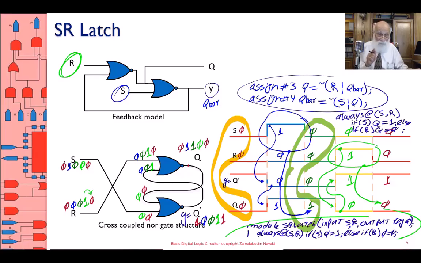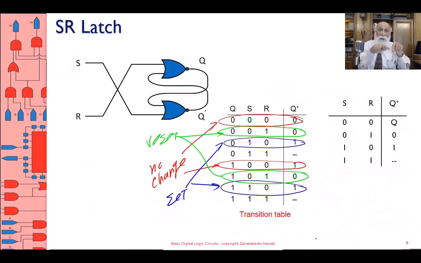The reason my circuit remembers something is because either Q is 0, Q bar is 1, or Q is 1, Q bar is 0, like a flip-flop. If I give S and R both 1s, my Q and Q bar become the same value.